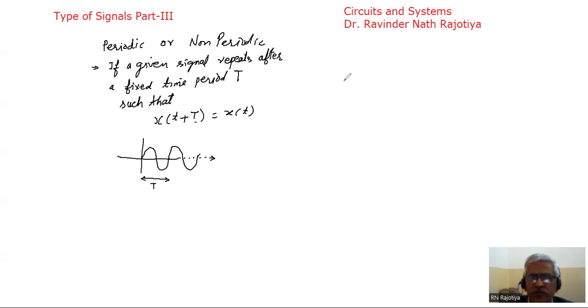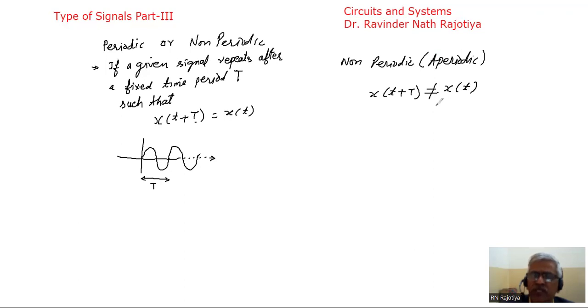For a signal to be non-periodic, also called aperiodic, it will not satisfy the condition. That means this will not be satisfied, and then we say that the signal is a non-periodic signal.